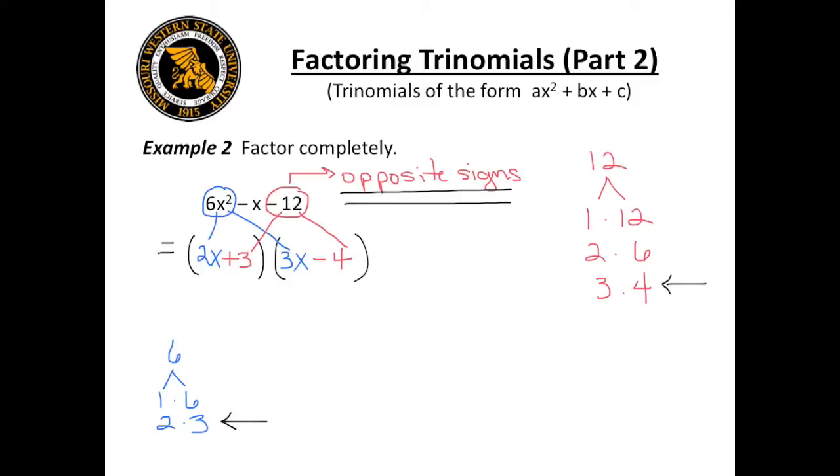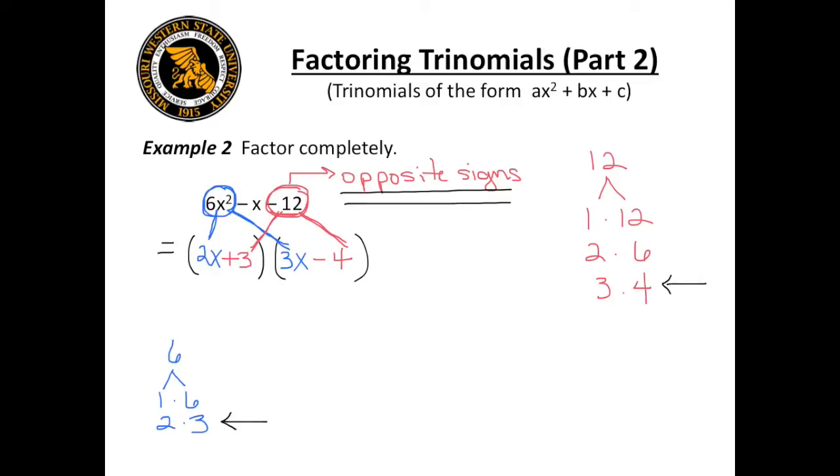Okay, so we now know that 2x times 3x does give us the 6x squared. And we know positive 3 times negative 4 does give us the negative 12.